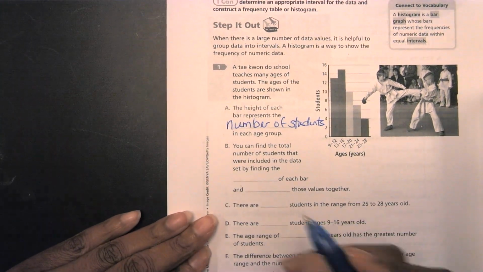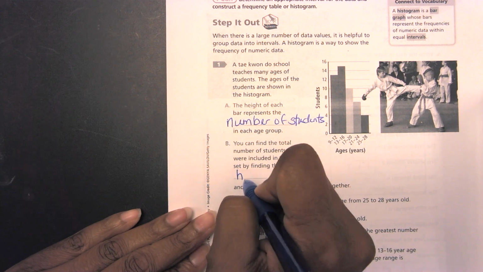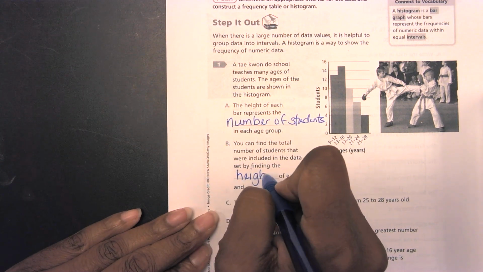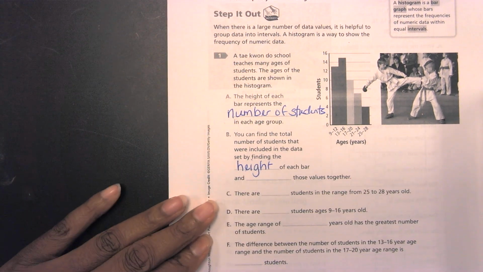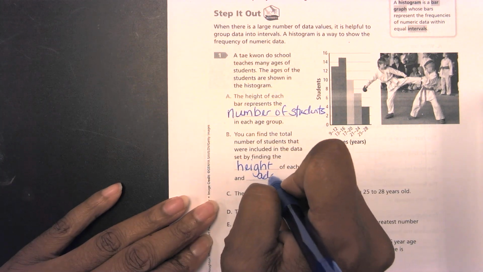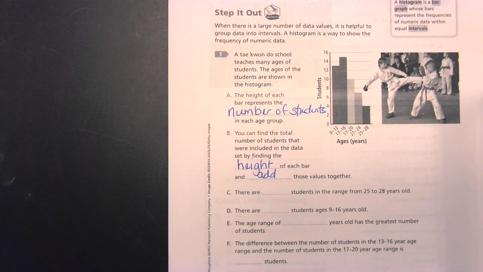Okay. Now, the next part says you can find the total number of students that were included in the data by finding the height of each bar and adding those values together. Now, let me tell y'all what that means.